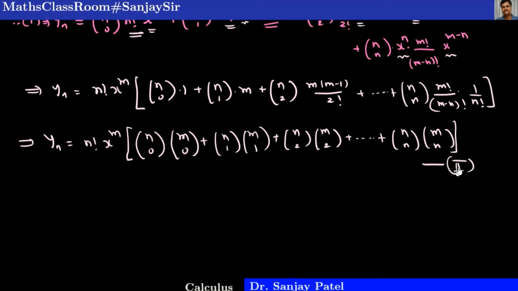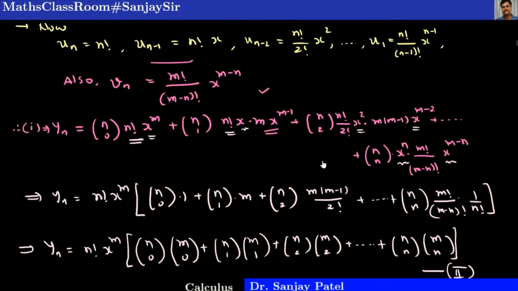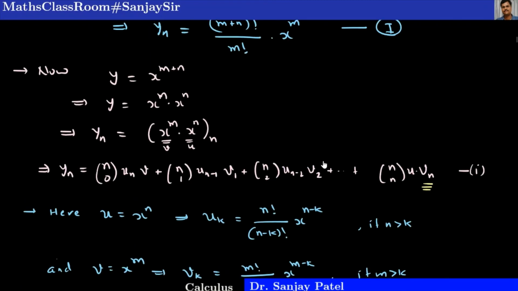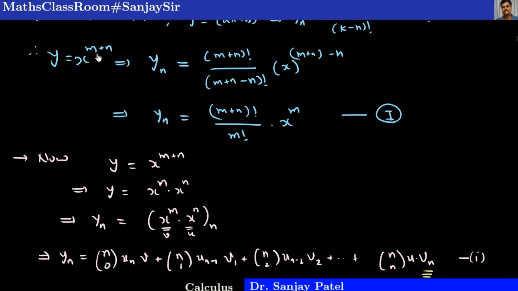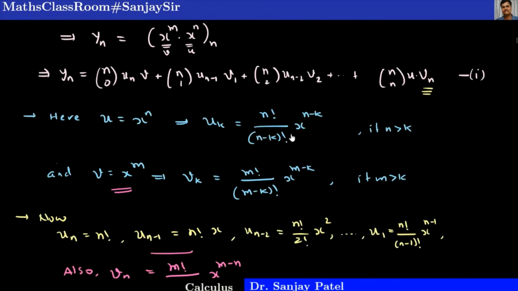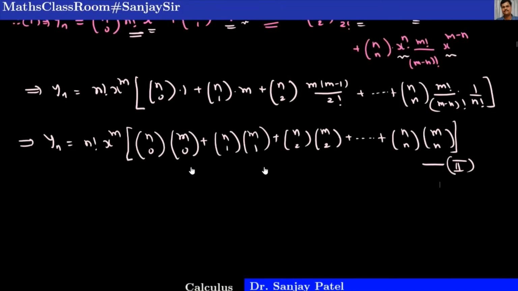Now result 1 and 2 are the same thing because they represent the nth derivative of x raised to m plus n. The nth derivative of x raised to m plus n is given here using the formula in result 1, which is m plus n factorial upon m factorial into x raised to m, and this is given using Leibniz theorem.